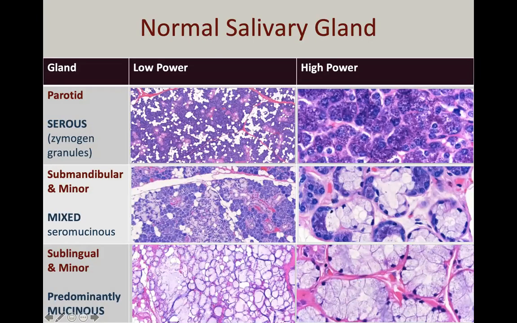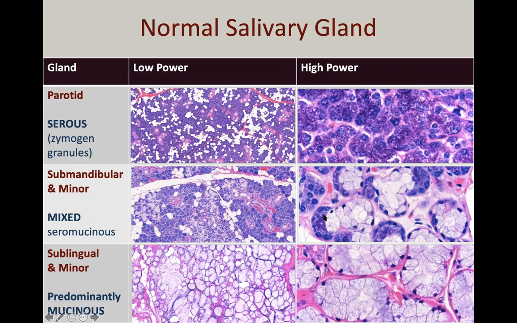If we're looking at a major gland, the way to tell where we are is based a little bit, of course, on location, but certainly on histology. So the parotid is essentially all composed of serous acini that contain these purple zymogen granules that contain the predigestive enzymes.